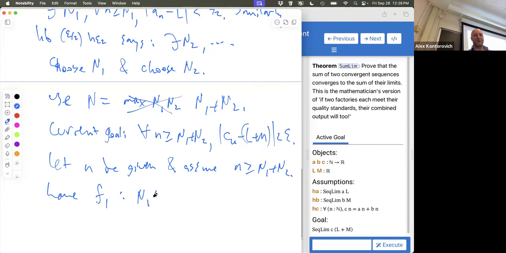Fact 1 is that N1 is less than or equal to n, and this is by bound. And we have F2, which is that N2 is less than or equal to n, also by bound.